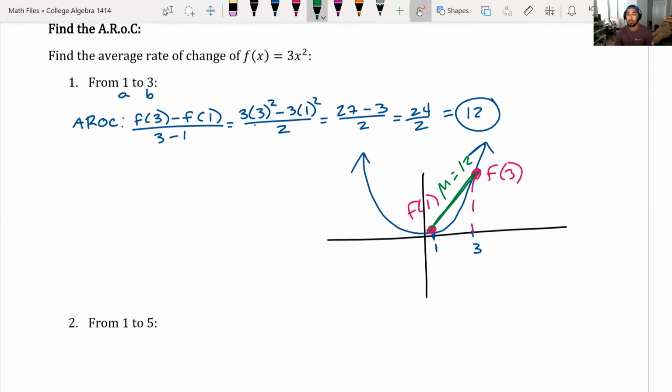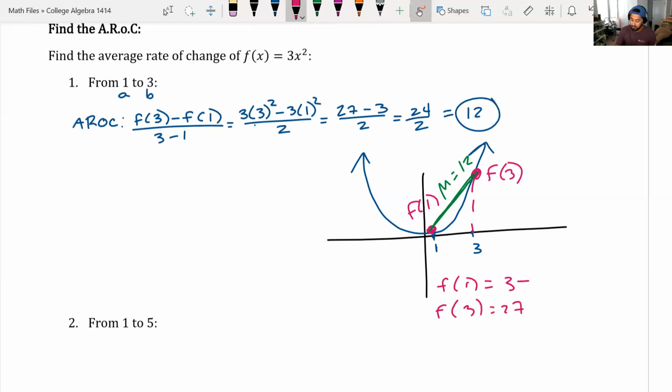Okay, that's it. So let's do it again. 3 and then 12, 18, 27. Good. What I was doing in my head was adding the slope. At f of 1, the y value was 3, and the y value at 3 was 27.